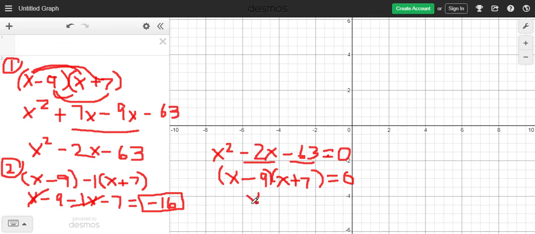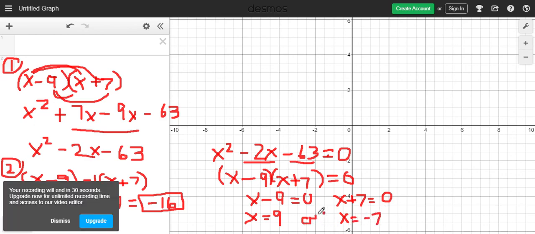Then we set each of these factors equal to 0. So you can type what the results are into the chat box. So this would give us x equals 9 if you add 9 to both sides. And on this one, if we subtract 7 from both sides, we get x is equal to negative 7.